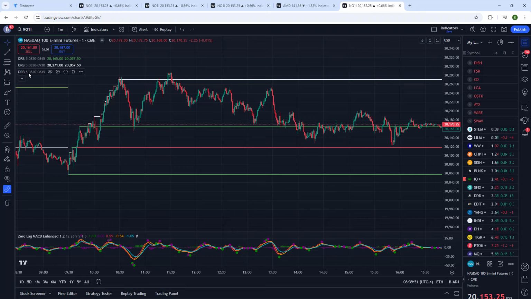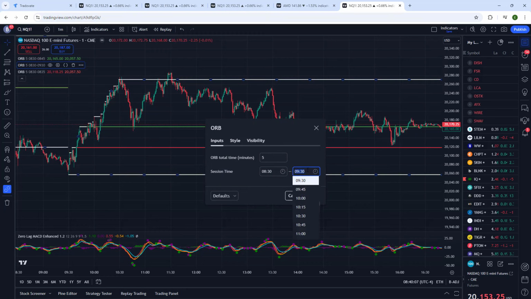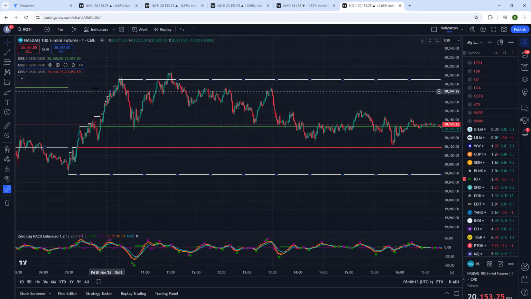For whatever reason, the time on my TradingView is not my time zone, so 8:30 is really 9:30 my time. Oh no, that's the hourly one. That's why the time zone's messing me up. So yeah, 8:30 to 9:30, which is really 9:30 to 10:30.